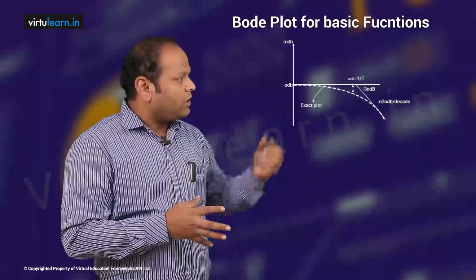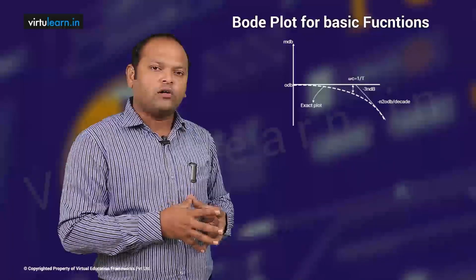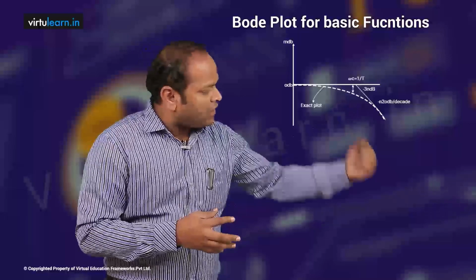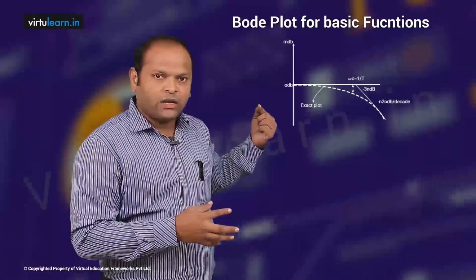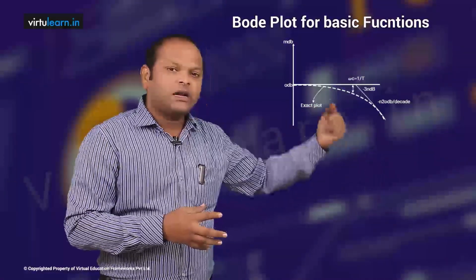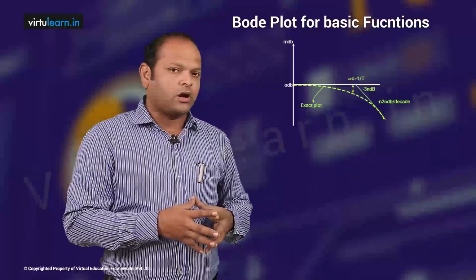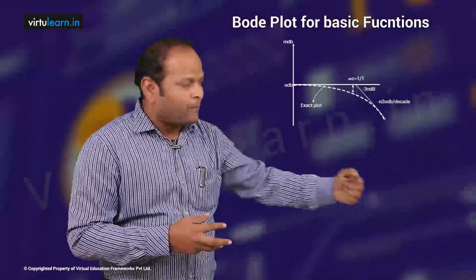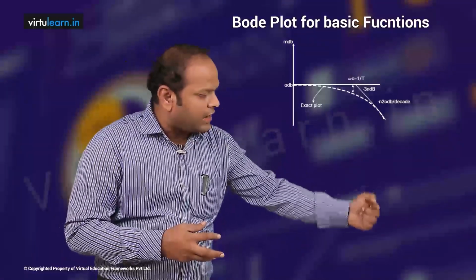Then what about at the corner frequency? At the corner frequency we have a gap, because our plot has corners. Whatever we plotted is called the approximate or asymptotic plot. In the asymptotic plot we have corners, but the exact plot has a curve like this.